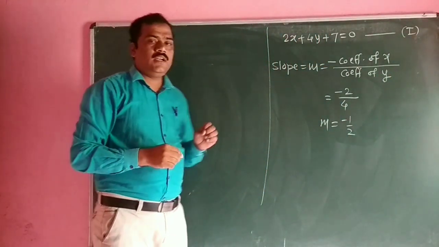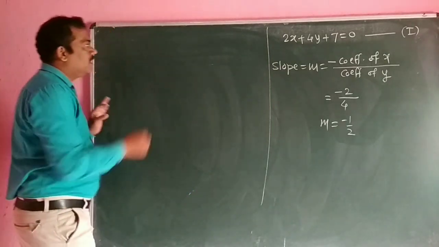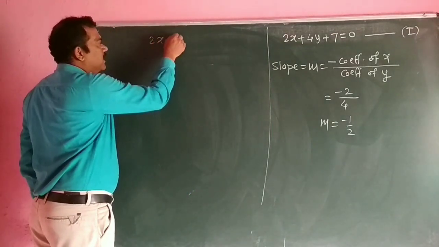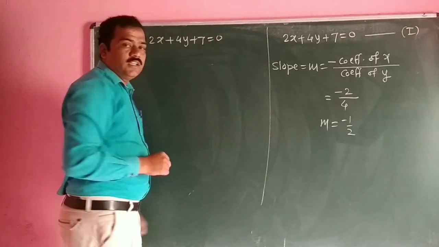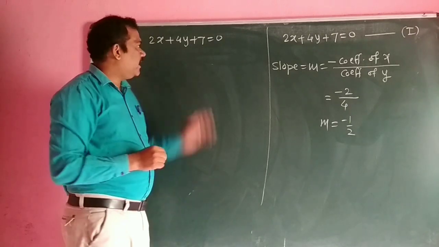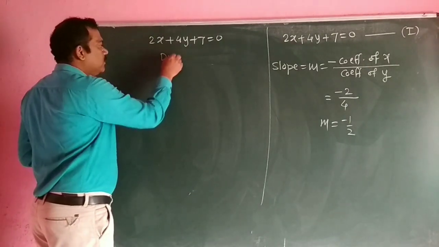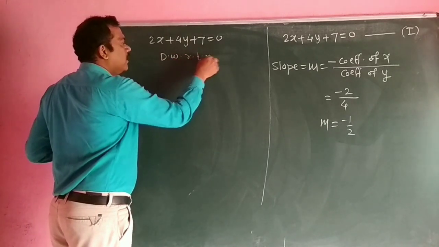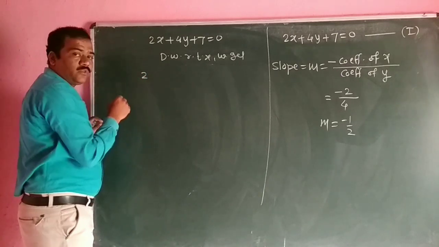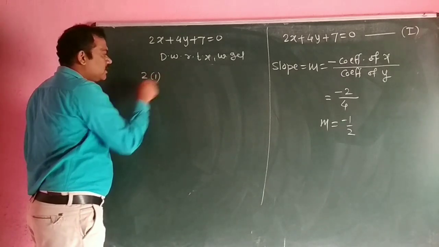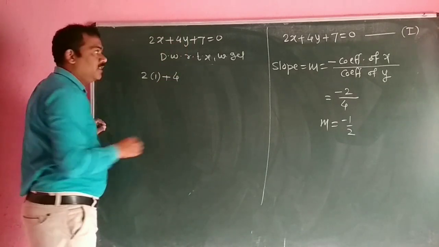With the help of the derivative, how do we find the slope of this straight line? See here, consider this equation of a straight line, 2x plus 4y plus 7 is equal to 0. If we differentiate with respect to x, what do we get? 2 is a constant, so we take it outside. The differentiation of x with respect to x is 1, plus 4 is a constant, taken outside the derivative.